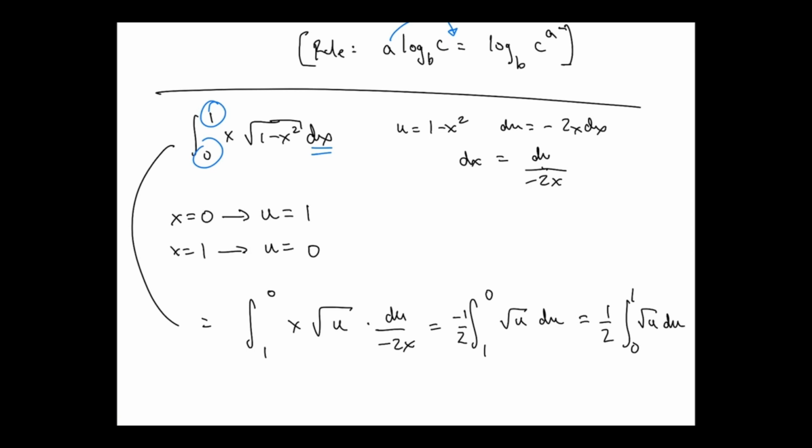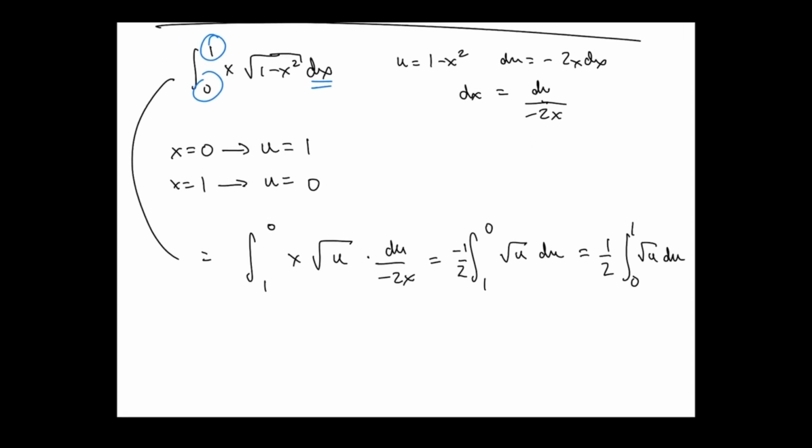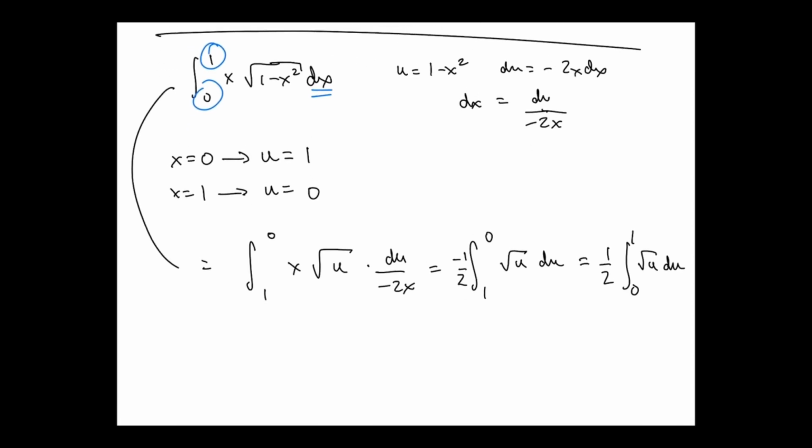And then when we do the antiderivative here, the fundamental theorem of calculus tells us what to do at the end. So the antiderivative here would be u to the 3/2 times 2/3, and then our half that we had out front, from 0 to 1.